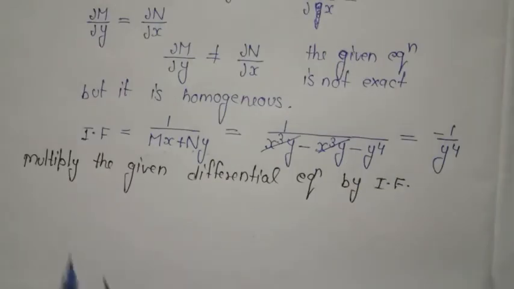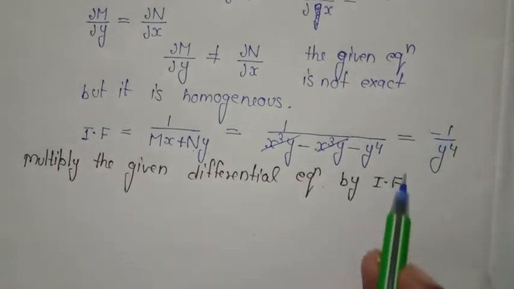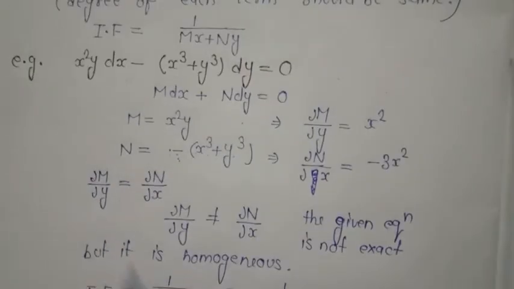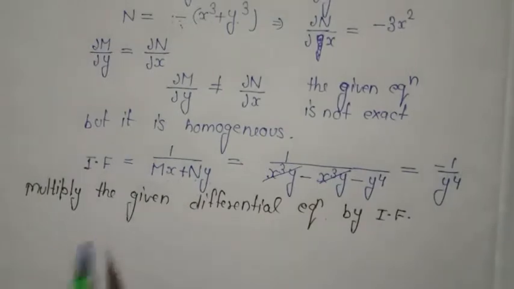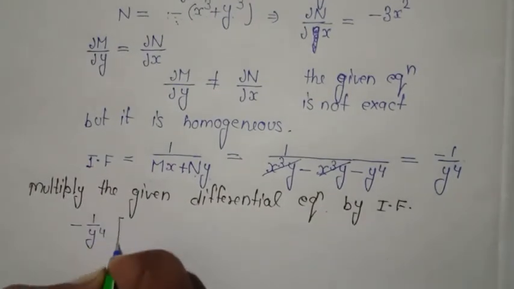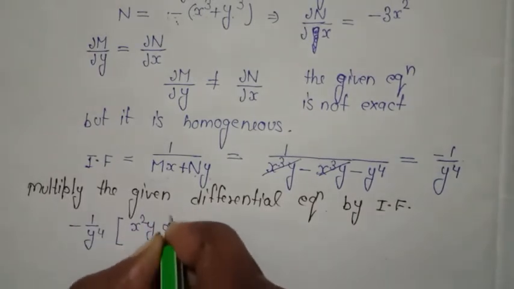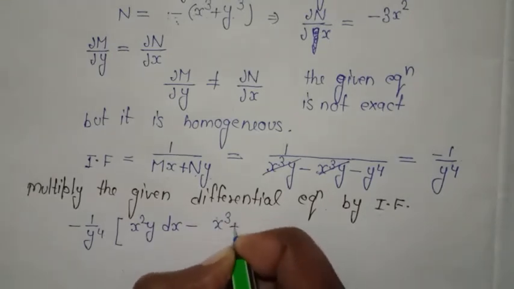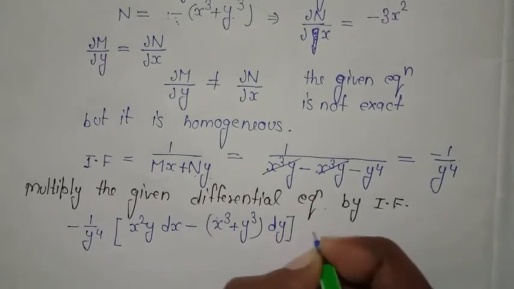So now I am going to multiply the given differential equation by the integrating factor, that is minus 1 upon y raised to power 4. So what is our differential equation? You can see here, this is present here. So I am going to multiply. What we get? Minus 1 upon y raised to power 4 into x square y dx minus x cube plus y cube into dy is equal to 0.